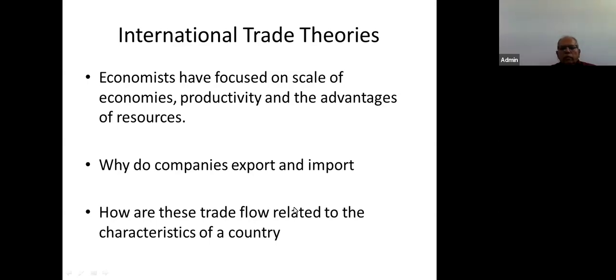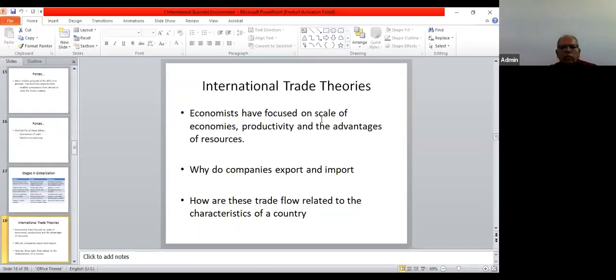So in a democratic country, naturally, the country allows those commodities to be imported where in real terms the country is benefited.